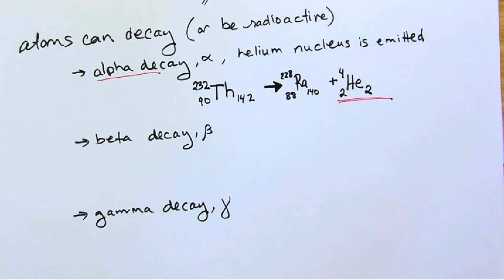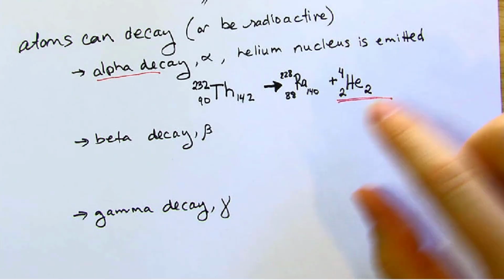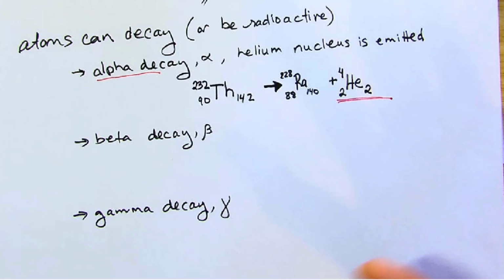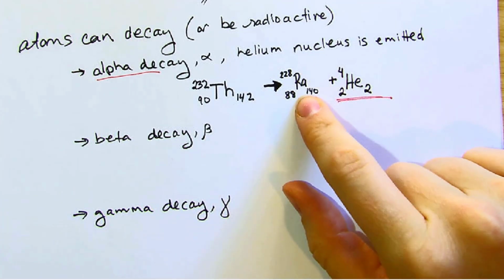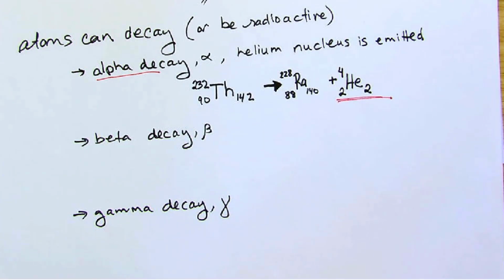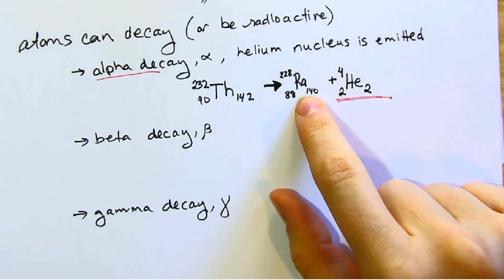And overall, this isn't really dangerous at all because helium is a gas. It could go into the room and you're breathing it, but it's not dangerous. You can breathe helium for fun as long as you get oxygen in there too. This so happens to be unstable and poisonous, but so was this. This was also unstable and poisonous. These helium atoms could be coming off at high speed.